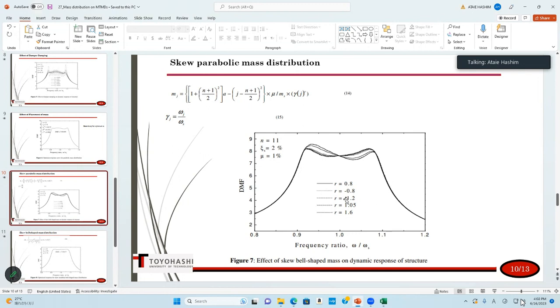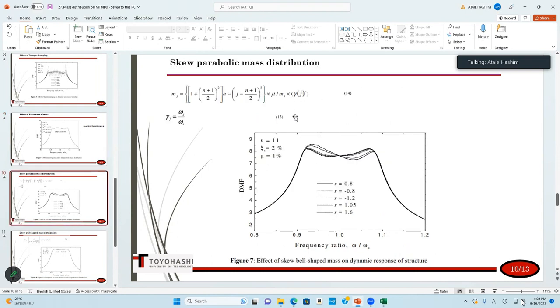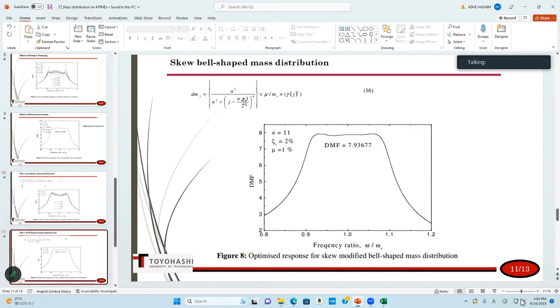But if it is negative, the opposite happens. In this case, because they state that this point is a little higher than this peak value, we can make this peak and this peak more equal. So they modified this formula, and this formula is for the bell-shaped mass distribution.